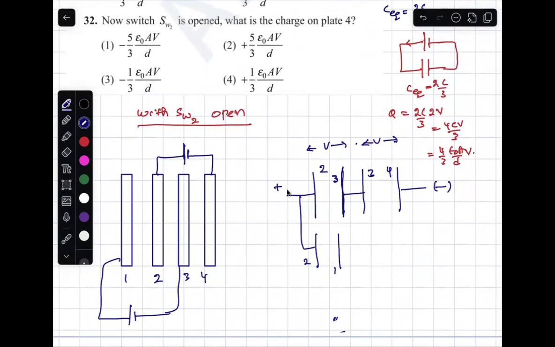You are connecting another battery here between what and what? Between 1 and 3. That is the circuit. That's the circuit exactly.